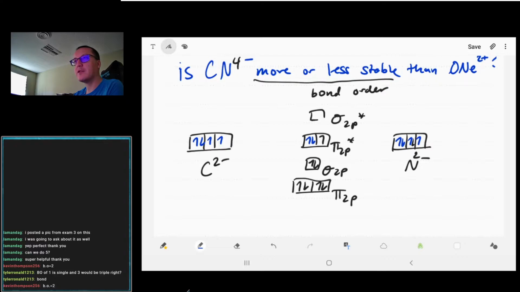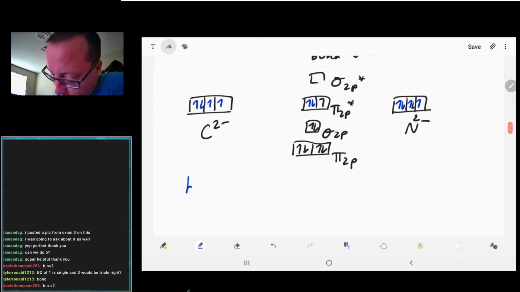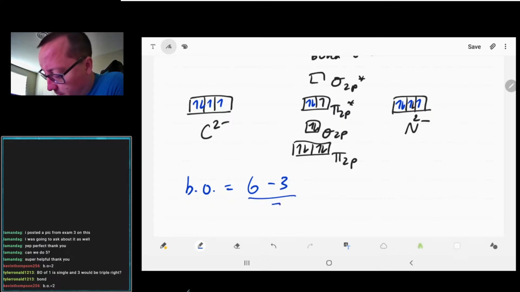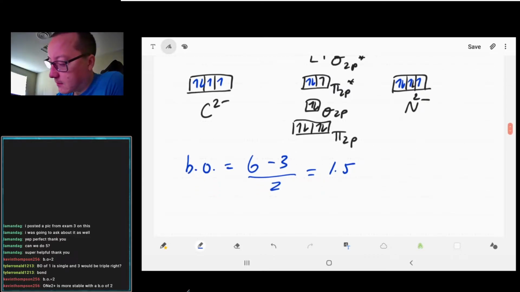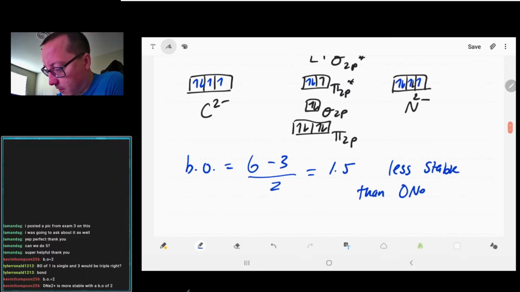Okay, so now that we've changed it, we can see that the bond order is, we have 6 bonding electrons, 3 anti-bonding electrons. So we'll get a bond order of 1.5. And Kevin's got it exactly right. And so that would say that this is less stable than that other weird thing.